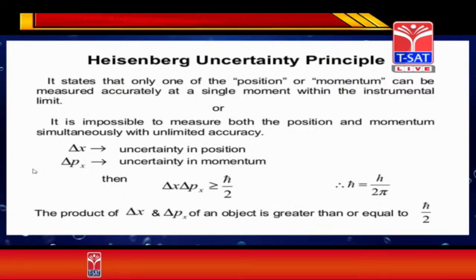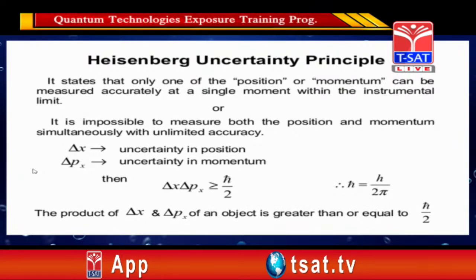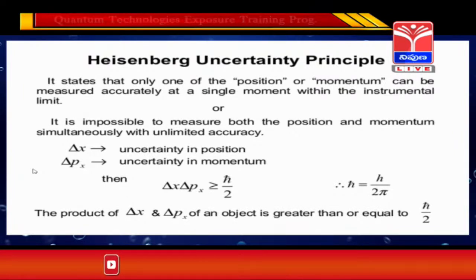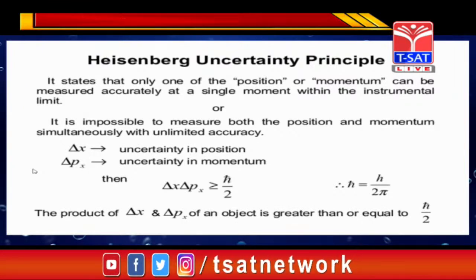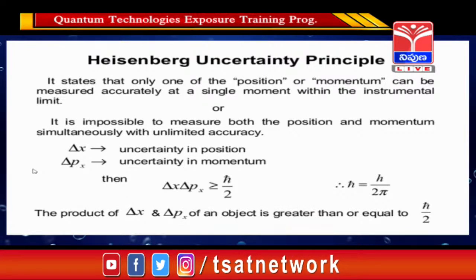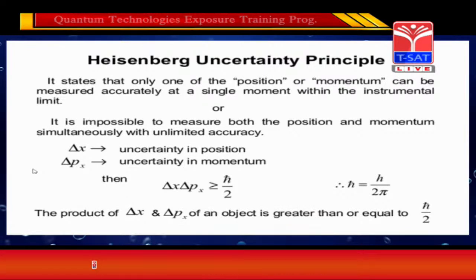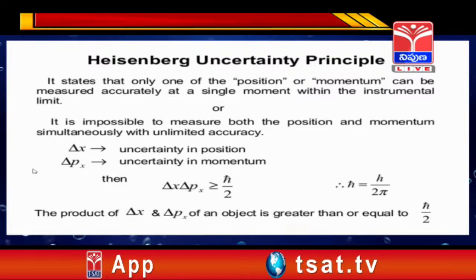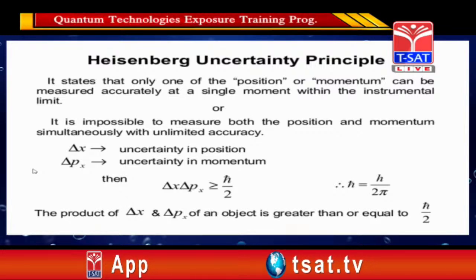Knowing the position and momentum of a particle is knowing its state of motion. We know everything about that classically. But quantum mechanically, we cannot measure position and momentum accurately simultaneously. It is impossible to measure both simultaneously with unlimited precision, with extreme accuracy.